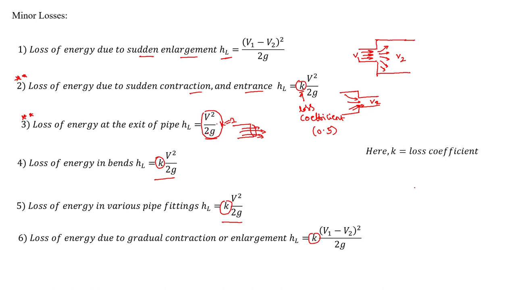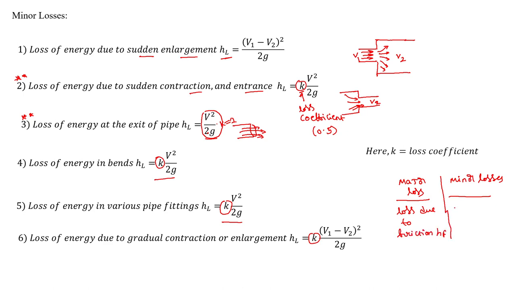So far we have seen major loss as well as minor losses. So what is a major loss? Loss due to friction, HF.